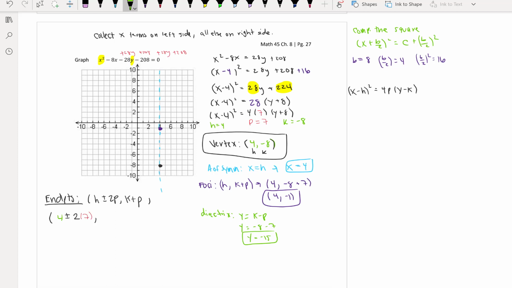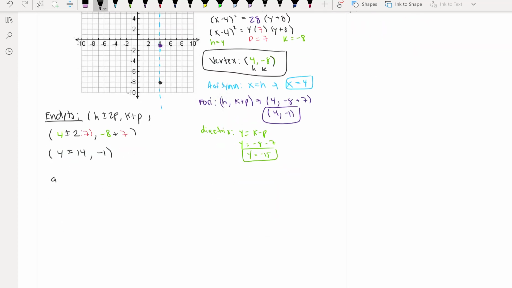And I have my k value, which is -8, and it's being added by my p value, which is 7. So I really have 4 plus or minus 14, and -8 plus 7, which is a -1.